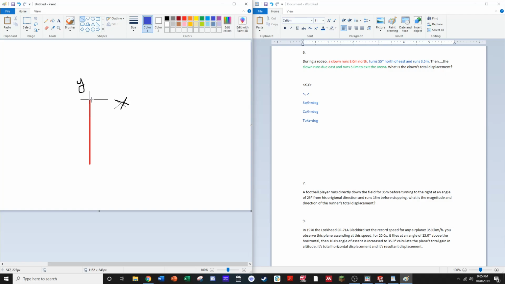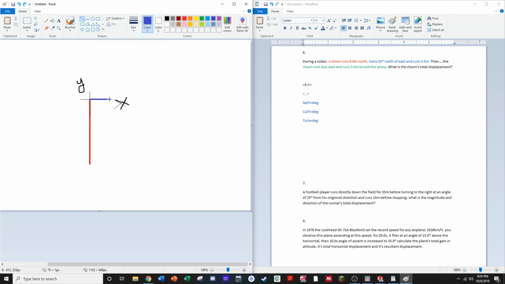Since he's going north of east, we're going to travel east and then north. So he starts here. I forgot to change the thickness. There we go.